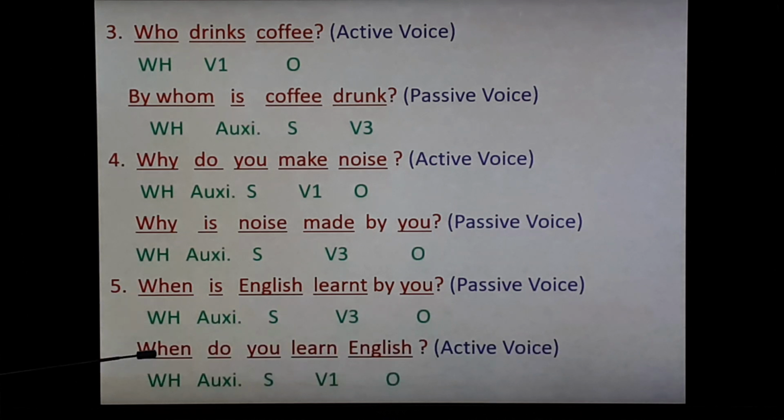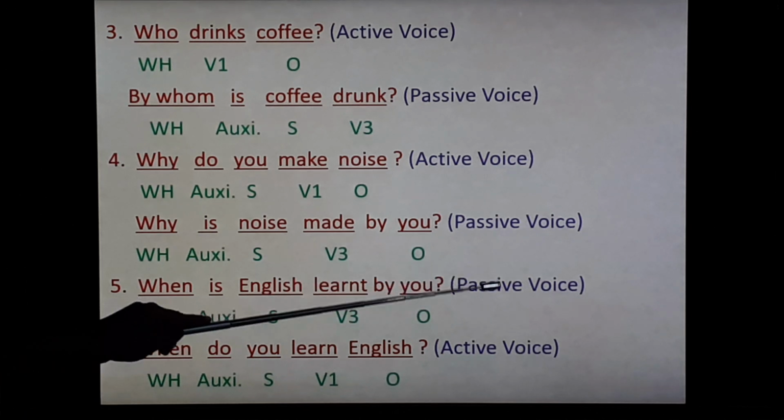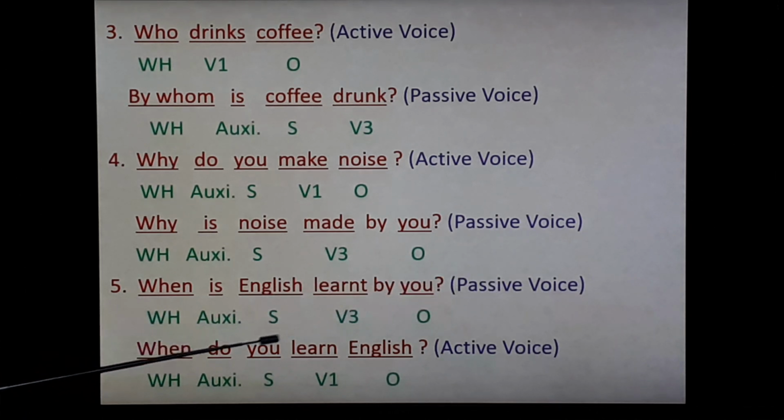When, same you have to write. After that, find out the object from the passive. So you will be the subject in active. Before that you have to add the appropriate auxiliary verb. Is, so simple present tense, that's why do or does will come. You is second person, that's why do will come. So when do you, then the V1 form will come here.